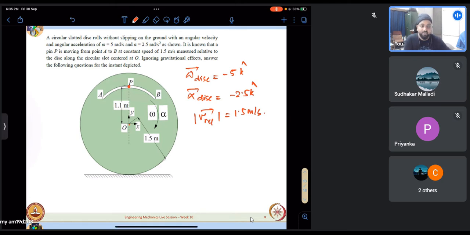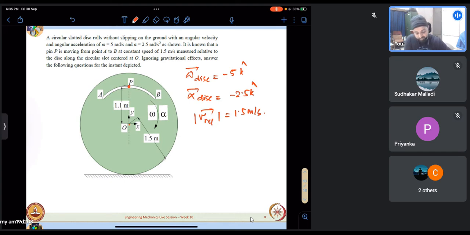Its vector will be defined by the point at which we are seeing it. Since the speed is constant, it will be tempting to say that AREL is 0, but we should take in the fact that it is moving along a circular path. That is the key here.